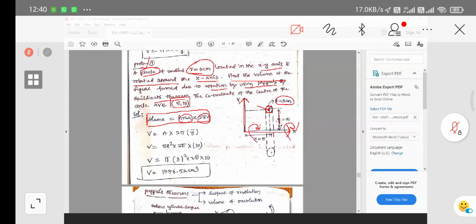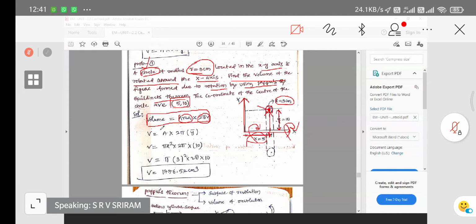The centroidal coordinates of the circle are 5 comma 10. The x coordinate is 5, from here to here it is 5, and the y coordinate from here to here is 10. So 5 comma 10 are the centroidal coordinates.